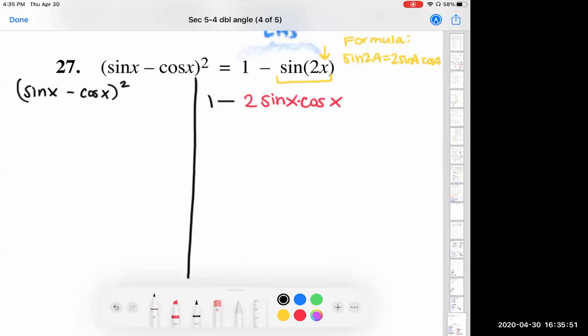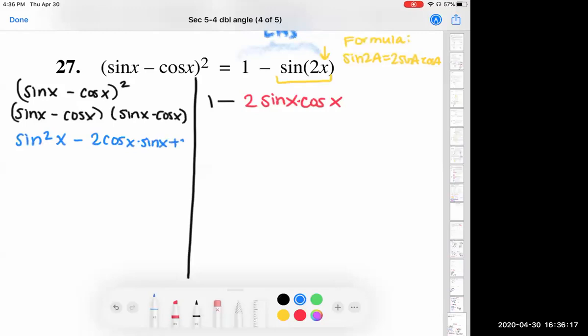If we expand it, if we FOIL, this would be the same thing as sine of x minus cosine of x times sine of x minus cosine of x. And I can multiply everything out. This multiplies to be sine squared of x minus 2 cosine x times sine x plus cosine squared x.